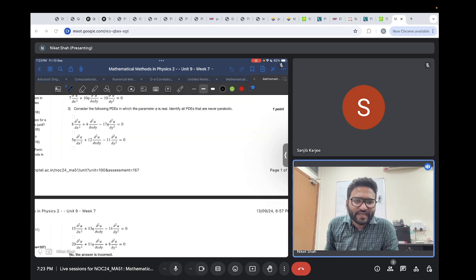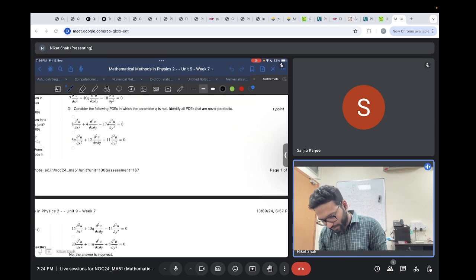So if it's dicey whether it can be 0 and cannot be 0, then they can be parabolic. But those that are never parabolic, there it can never be 0. So that is what you have to check. Okay, maybe I should take one example here.